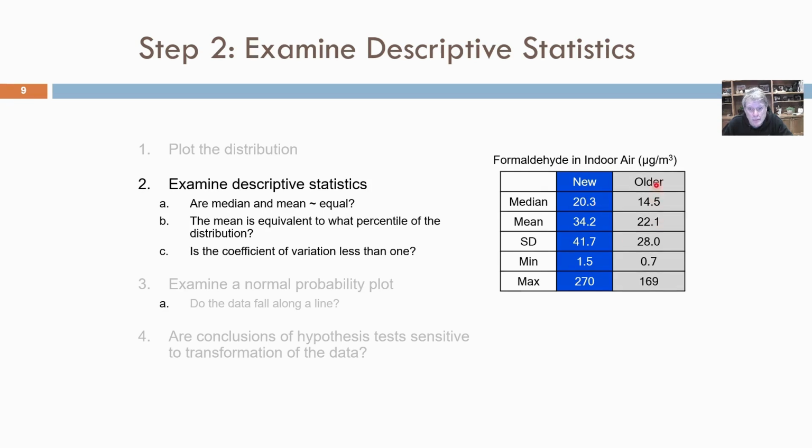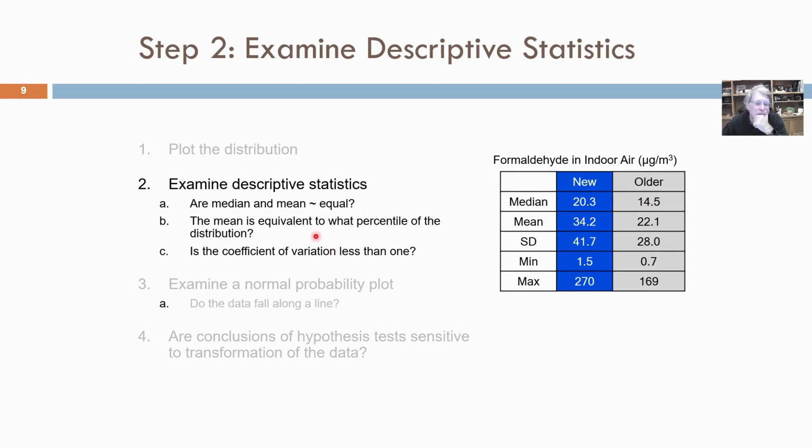Similar over here for the older homes, where the mean is about 50% higher than the median. So the means appear to be greater than the median. That means the mean is being dragged to the right by some higher values.